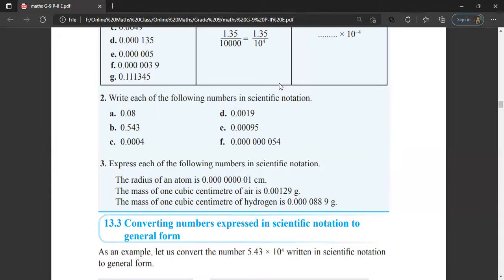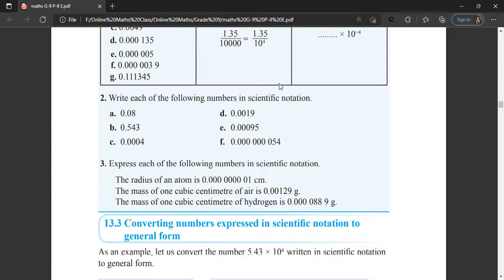The mass of 1 cubic centimeter of air is 0.00129 grams. So what could that be? 1.29 into 10 to the power minus 3 is the answer.